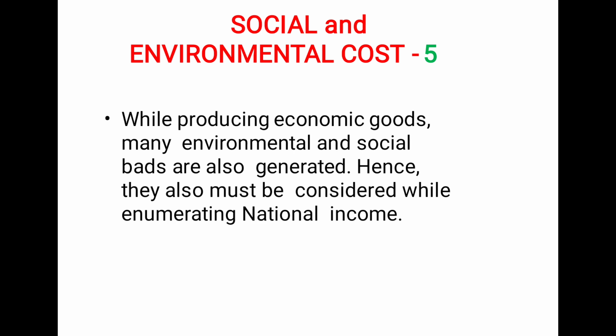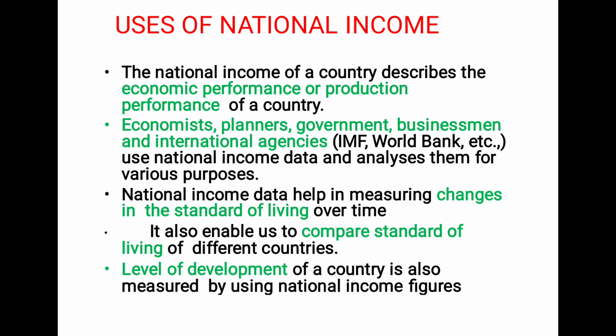This will not be a good sign for national income, since that will be hazarding the environment, and if the environment is going to be polluted, naturally it will lead to hazardous health conditions of the workers. So social and environmental cost should be taken care of while computing the national income.